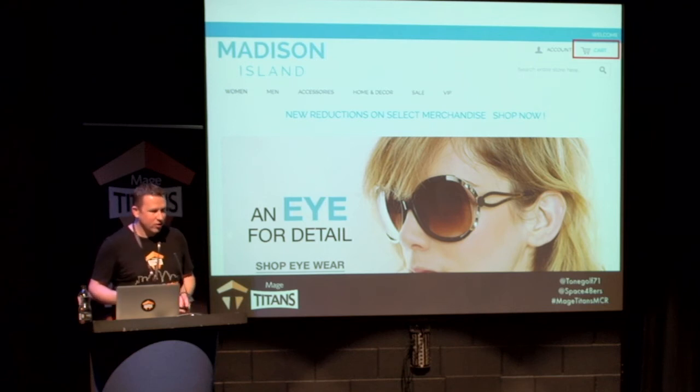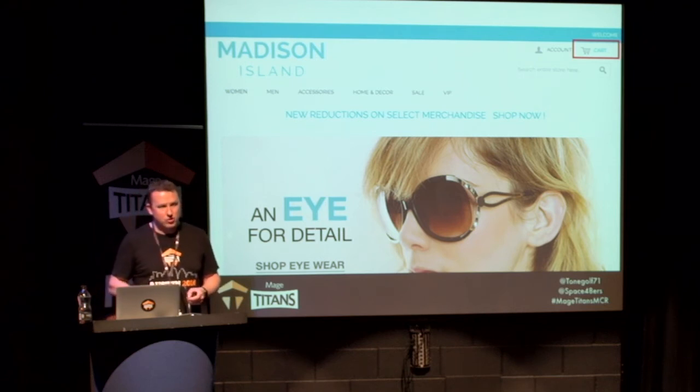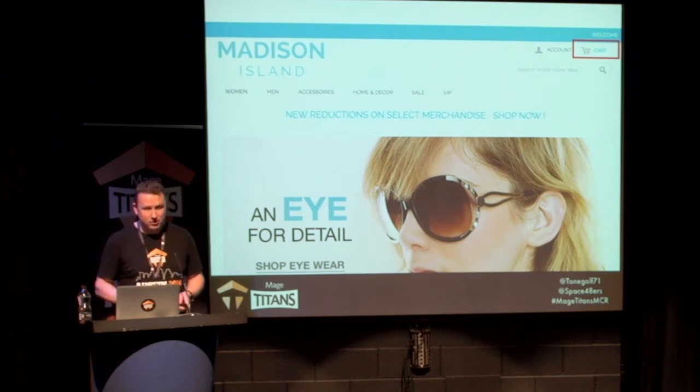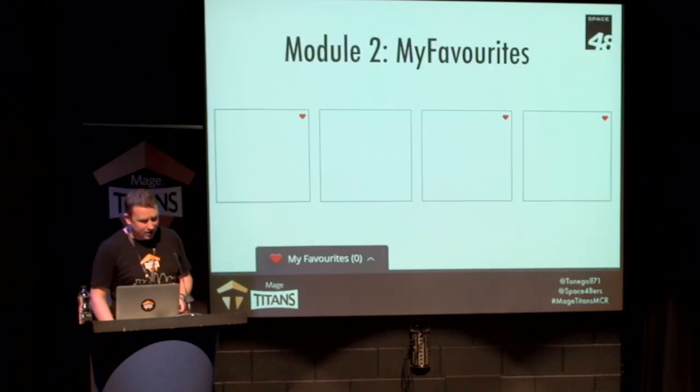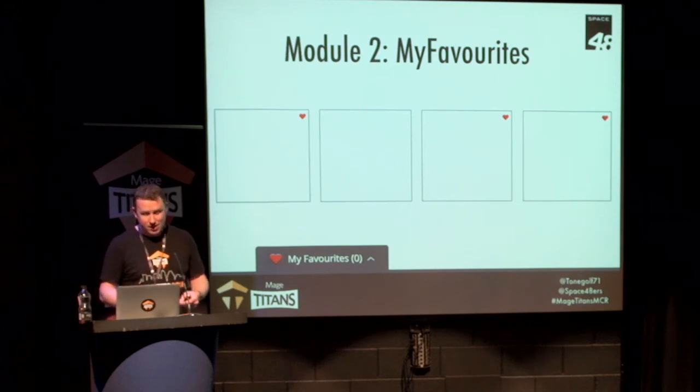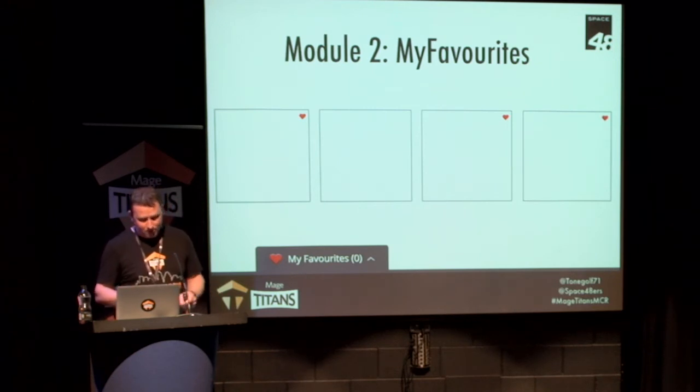So to solve this, we look towards how Magento already handled the private data and how we cache that. And the basket is probably the best example of that. And what we do there is, essentially, when a visitor comes to the site, if there are no favourites, then the cache container will be cached, and it will be shared across every single visitor to the site.